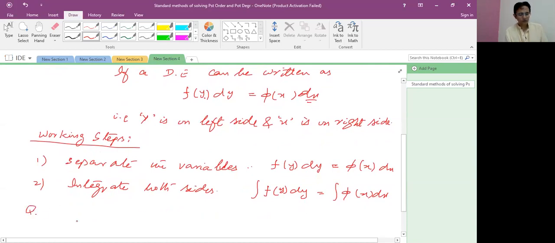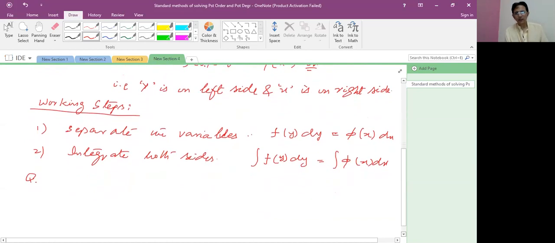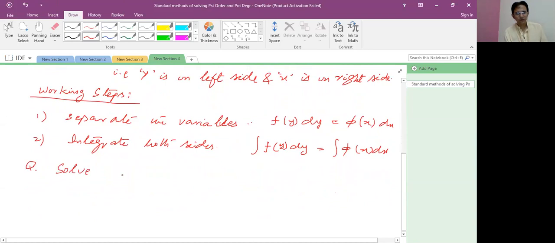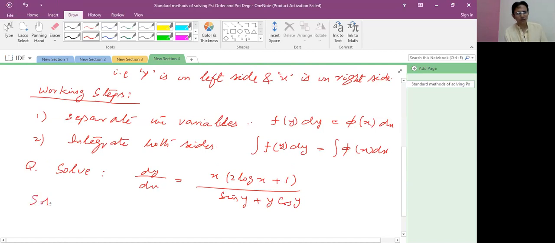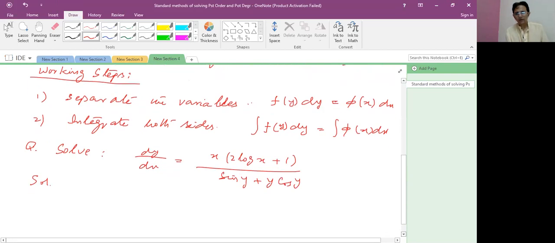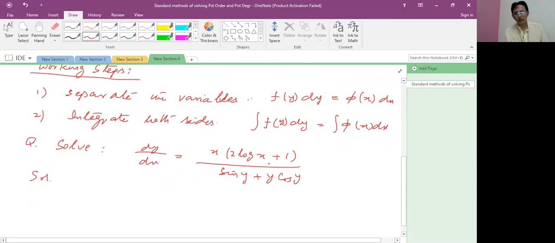So, student, we consider an application of the variable separable method. Solve dy over dx equals x times (x into log of x, 2 times log of x plus 1) whole upon sin y plus y into cos y. When we consider the differential equation, in the numerator the variable x is present, and in the denominator all the variables are y.